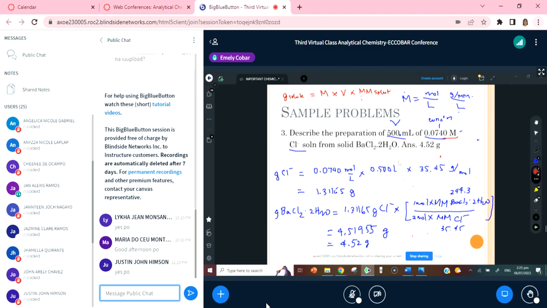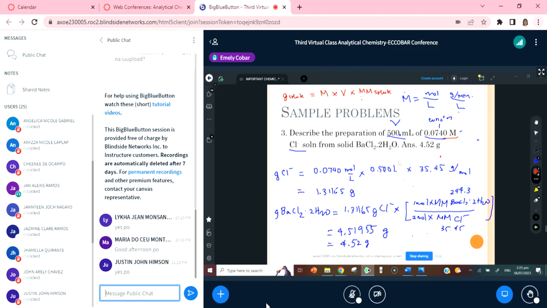Okay? Molarity of solution times volume of solution times molar mass of solute. Ito yung ginagamit natin. So, tingnan nga natin. Okay, describe the preparation. Ano bang given? Yes, given ang volume. This is the volume of the solution. Concentration, M, given? Yes, this is the concentration, 0.0740. Of what? Anong solute natin? Chloride. Okay?